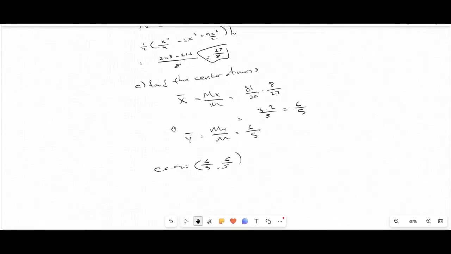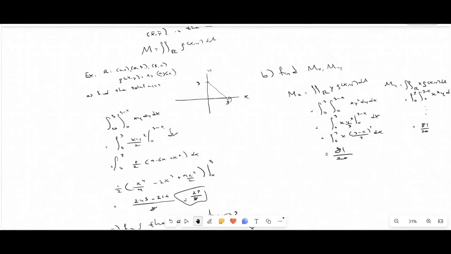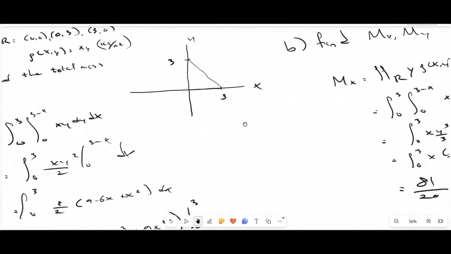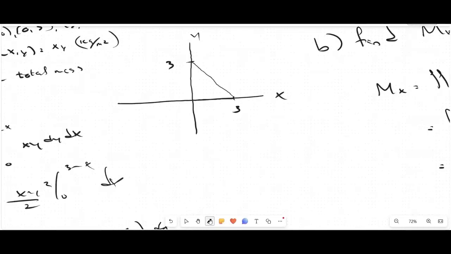Let's go back up to that plate real quick. Where was that? Right here. If this is 3, maybe that's 1. Where is 6/5, 6/5? It's maybe somewhere like here and there.